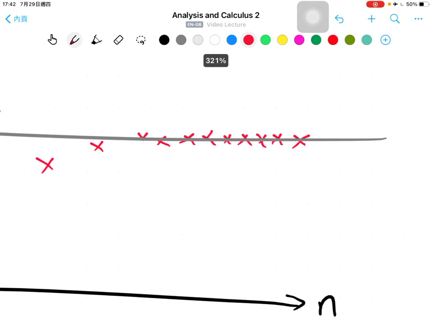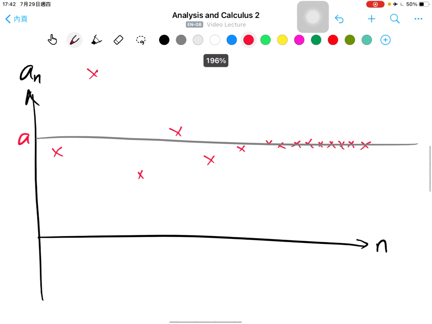It's not exactly on the line, but it's very close. Now this is called a limit. Well, we're taking n going to infinity and then seeing what the sequence approaches. It's trying to get very close to a as we take the index n to be a very large number, right?